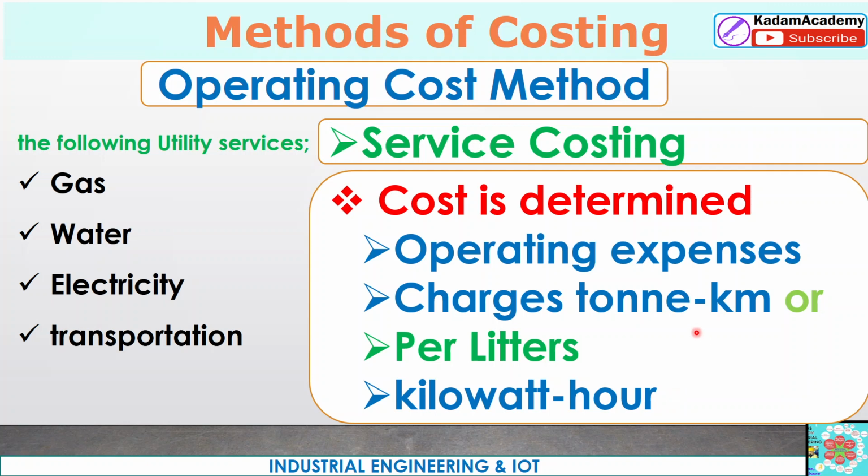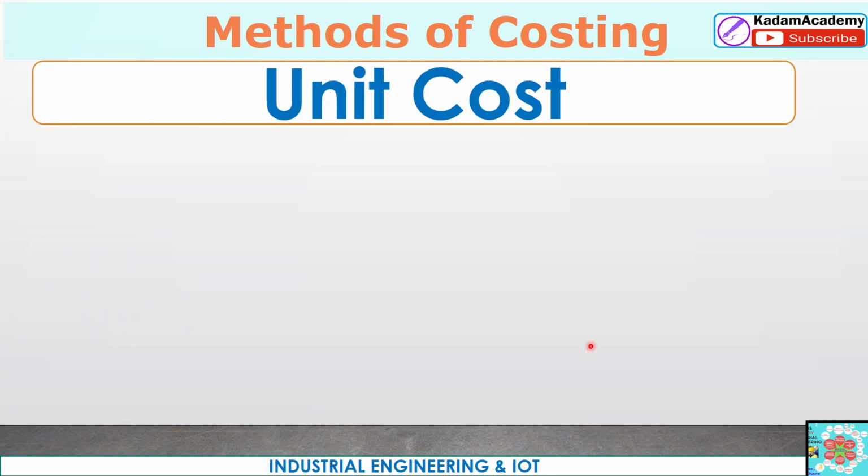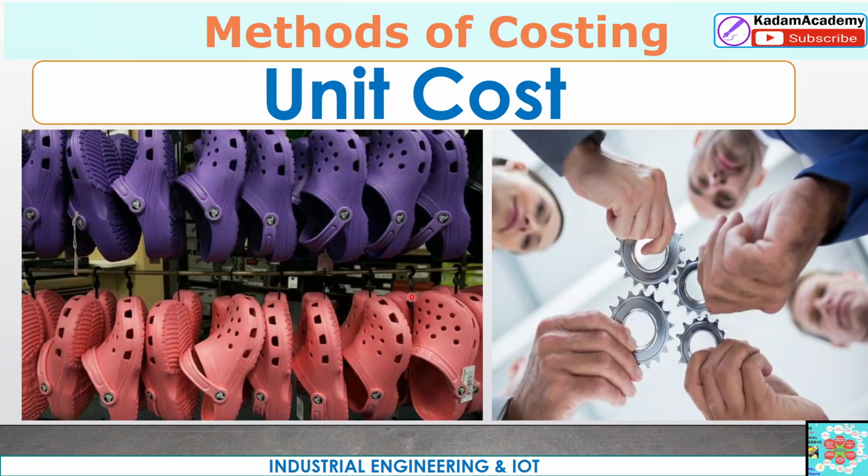So how many tons are moving for transportation, or per liter for water, per kilowatt hour for electricity. These charges are applied for the calculation of the operating cost under this operating cost method.